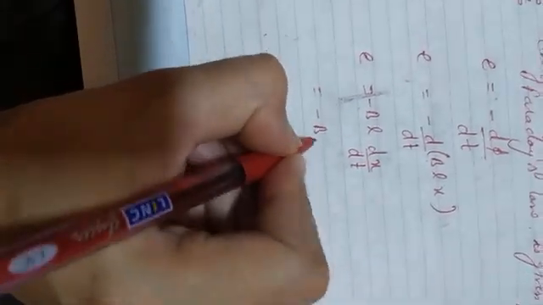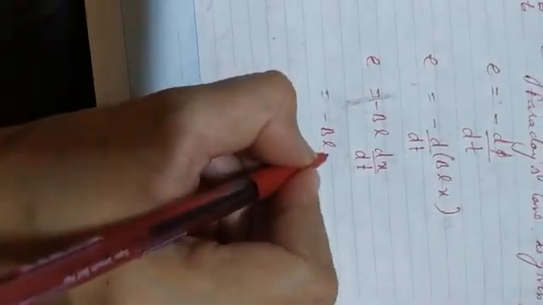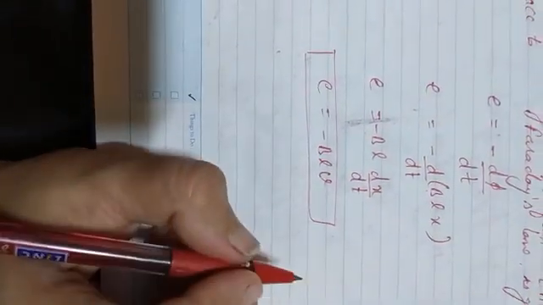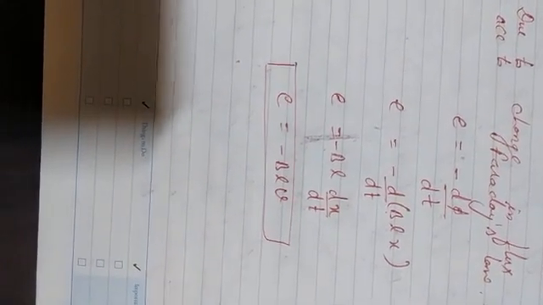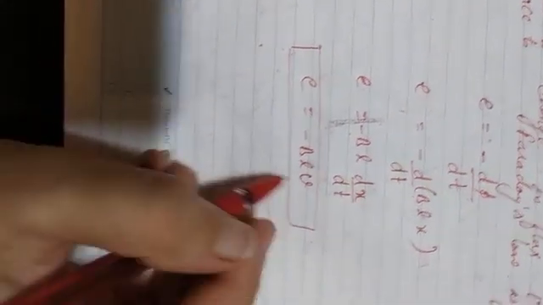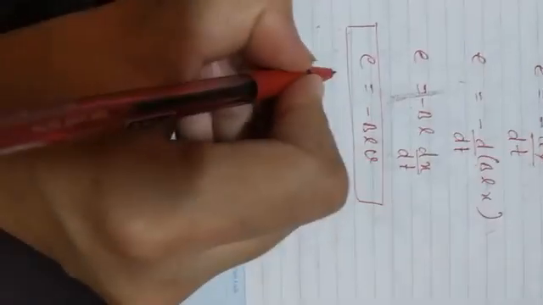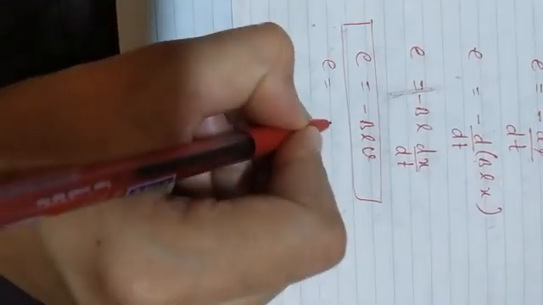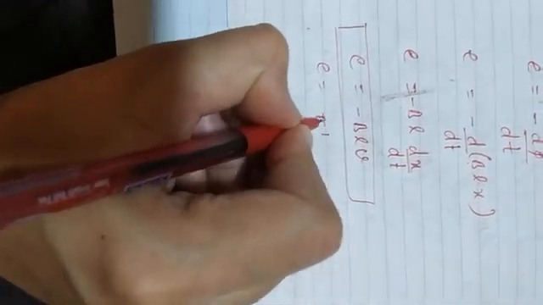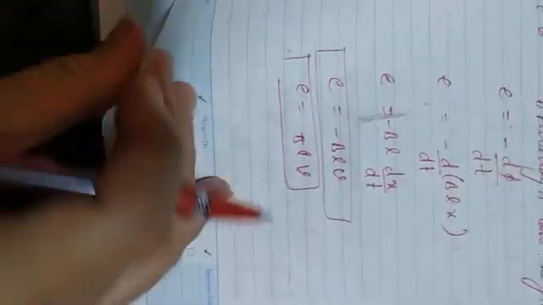As we know, dx by dt is the velocity, and that gives the induced EMF. Clear now? Understood? And the negative sign is indicating the direction. So if we take this in the same direction, then we can take it positive. So EMF we can write as BLV.